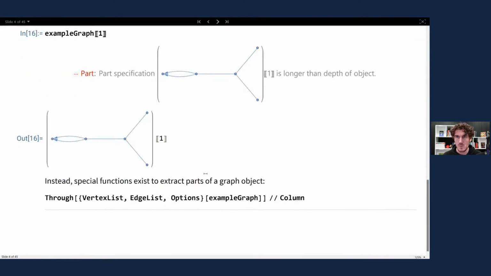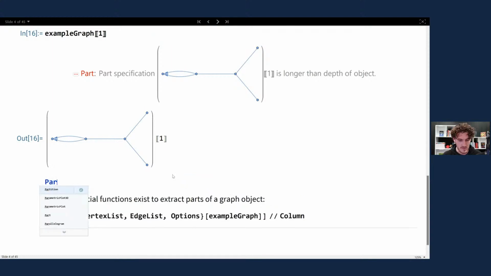Now, whilst you can't extract the first, second, third part, you can extract properties, let's say. This shouldn't really say parts if we're being pedantic, because Part is a meaningful Wolfram language function for which this double square bracket is just the shorthand.